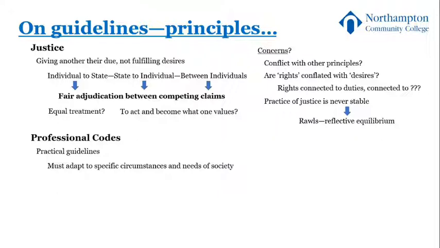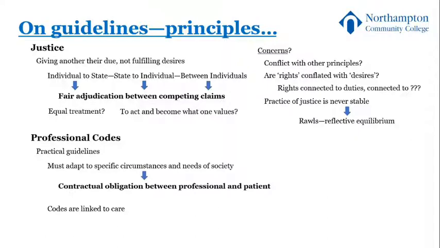What that means in the end is that this contractual obligation between the professional and the patient, which is what I'm calling this professional code, becomes undermined. And once this is undermined, what you're going to see is a lack of care for the patient. So what I'm calling a code is professional silence.